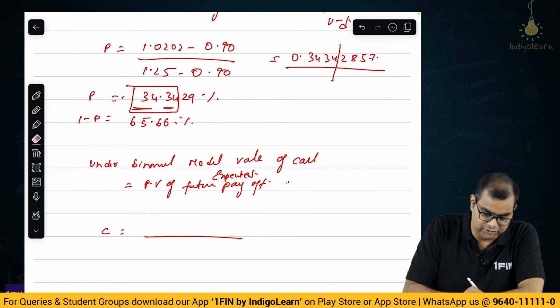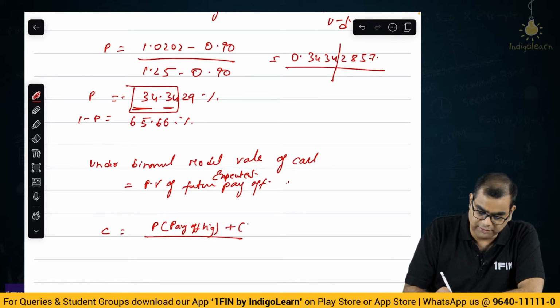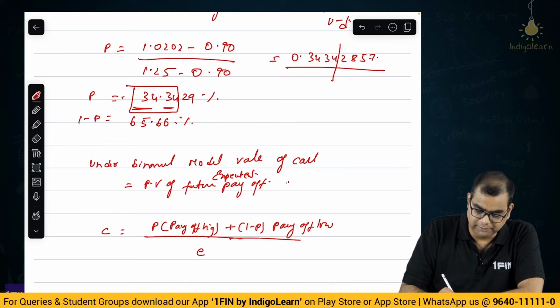So, call value is equal to P into payoff high plus 1 minus P into payoff low, divided by e power RT.